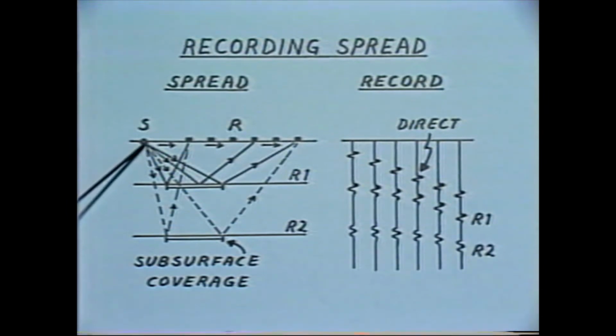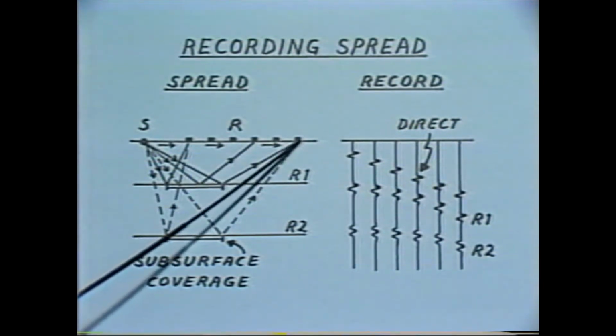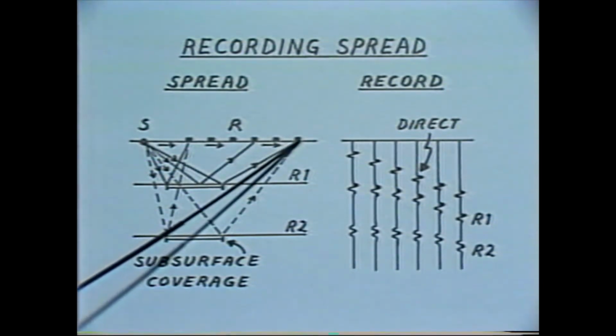The reflection events form curves across the record, and that is because, fairly obviously, the travel path from the source to a reflector to the near receiver is much shorter than it is from the source to reflector to one of the more distant receivers.